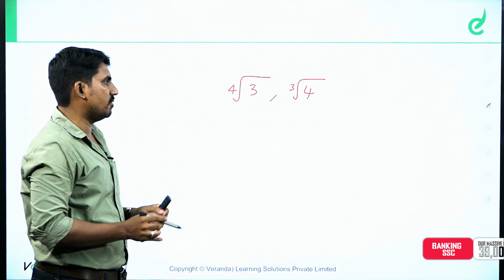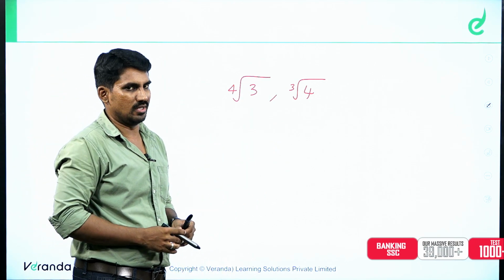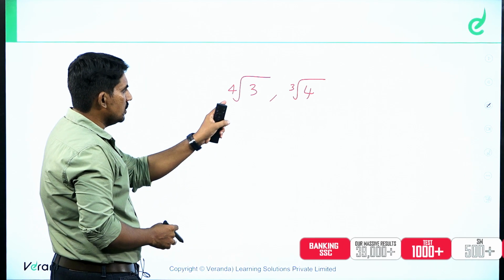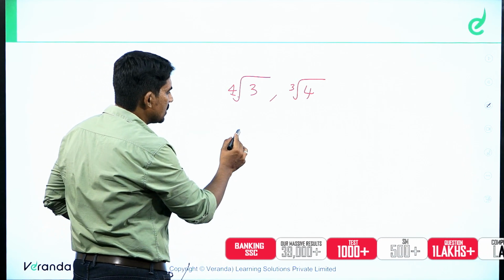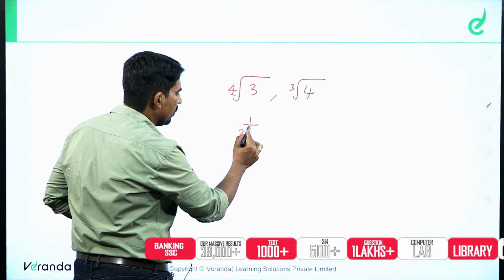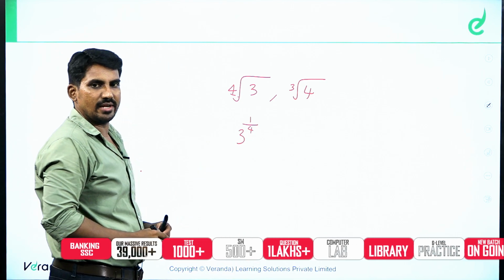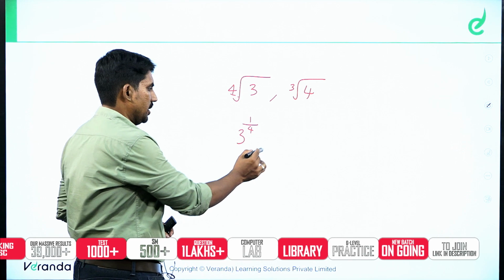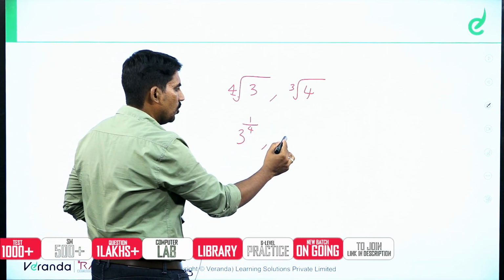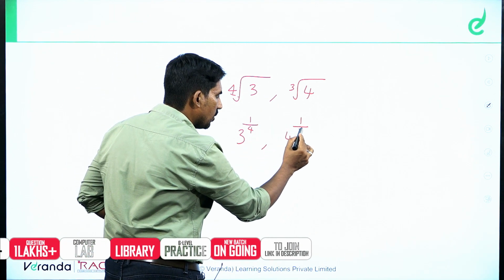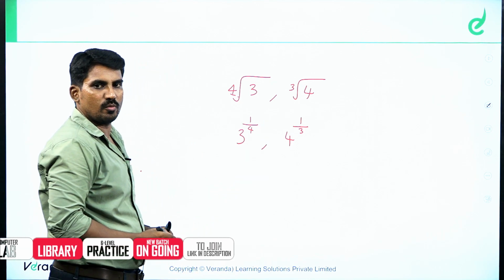Clear? Now here we have to find out which is largest, which is smallest. Now this root 4, shall we write it as 3 to the power 1 by 4? Right. Now this cube root, shall we write it as 4 to the power 1 by 3?